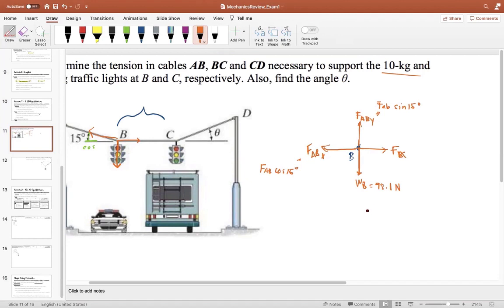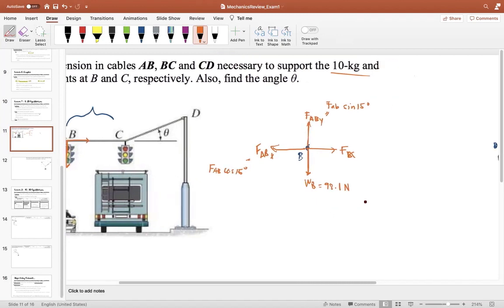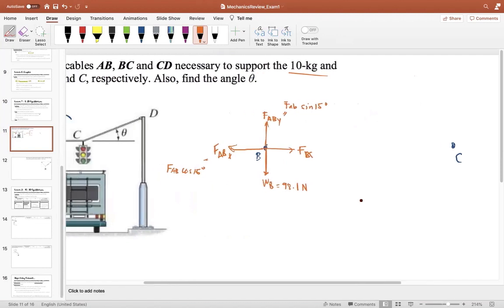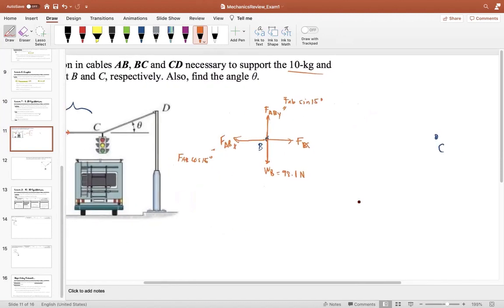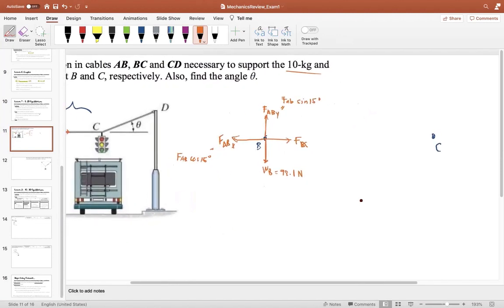Right. So that works. Going over to the free body diagram for C, what forces do we have? So FCD again with theta. Right, so we have this force here, but we have it again in terms of some kind of theta, right?